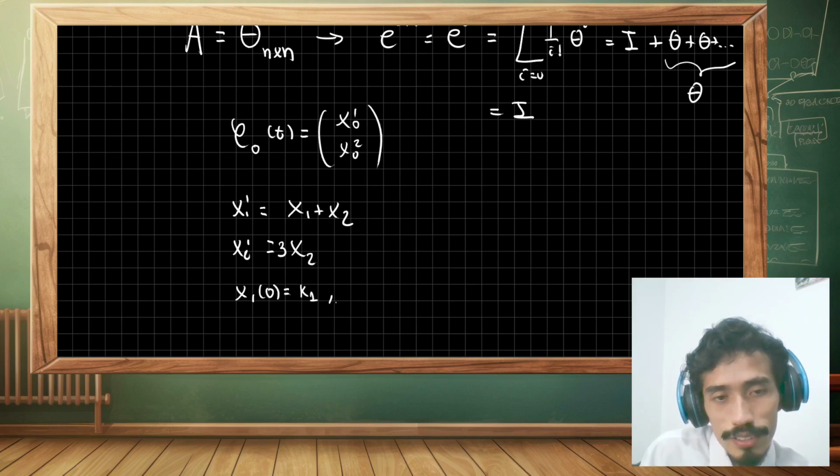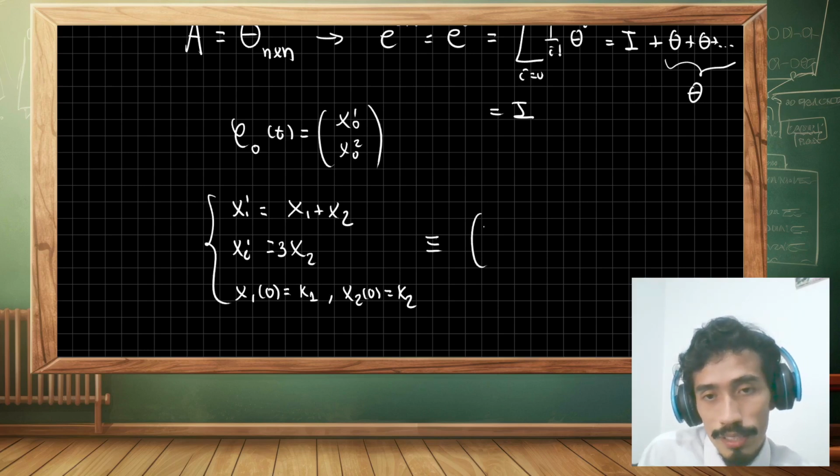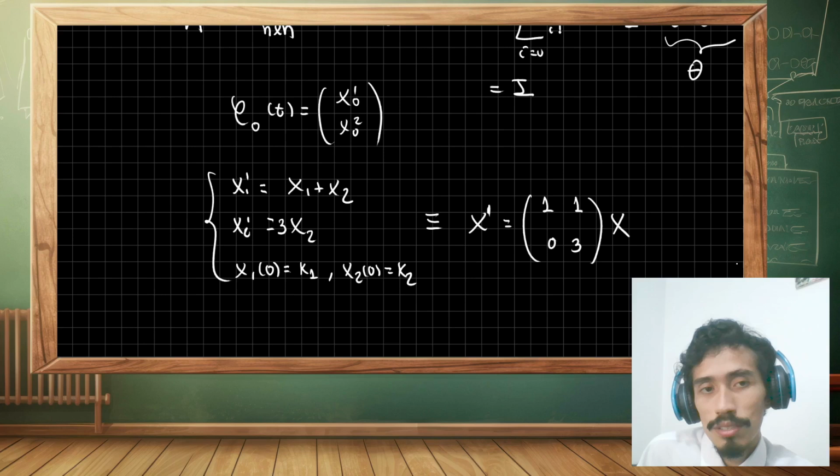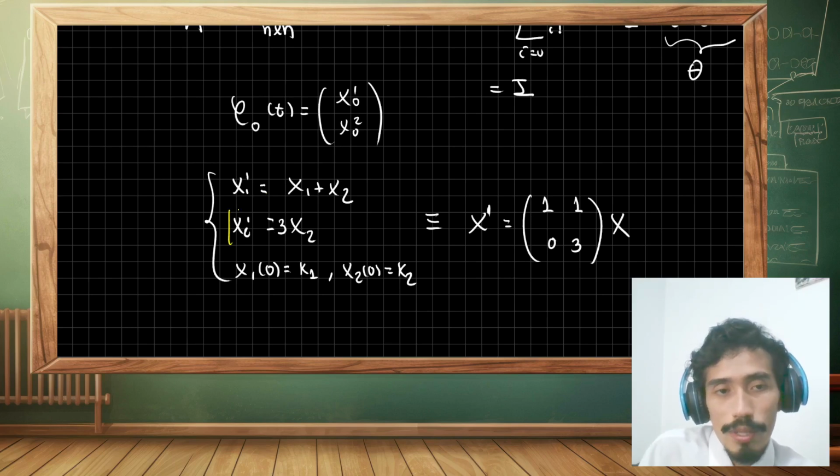Let's say this is k1 and the initial value of the second unknown is k2. You have this system which is equivalent to just this derivative equal to this matrix times x.